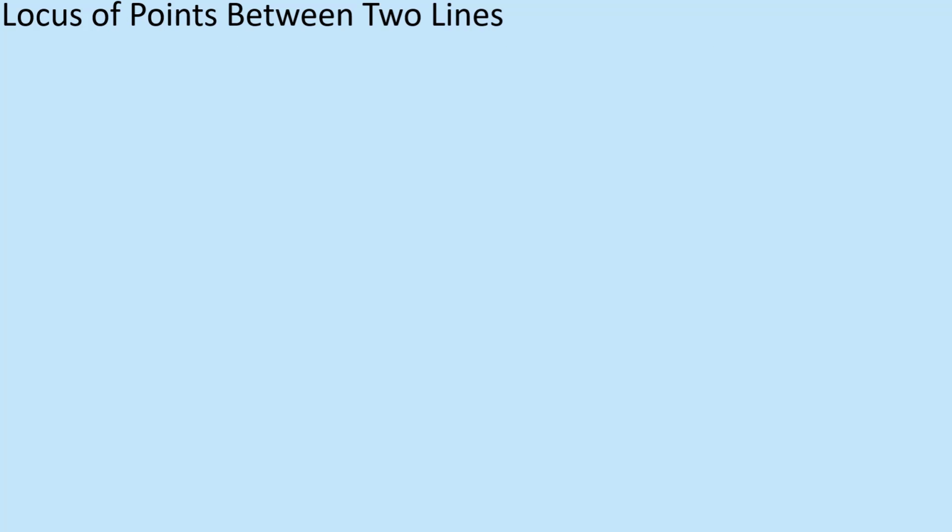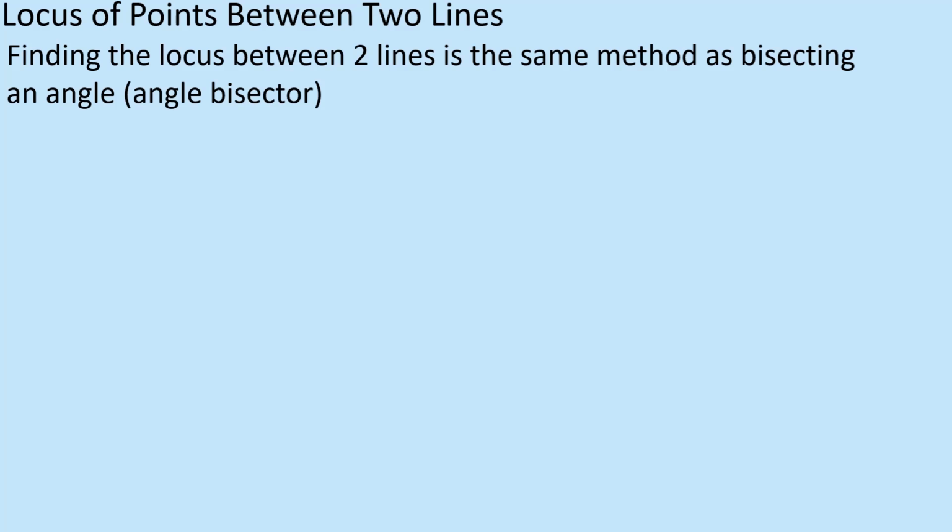Locus of points between 2 lines. Well, I'm going to relate this to an angle bisector. If you haven't looked at constructions yet, please look at an angle bisector, because this is really what it is. If I ask you for the locus of a point between 2 lines, it's the same method of bisecting an angle.